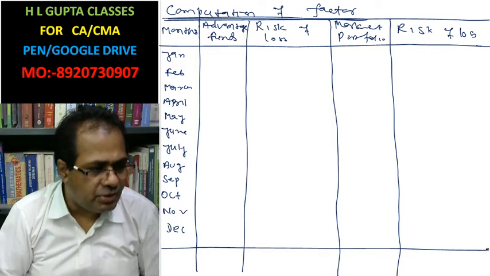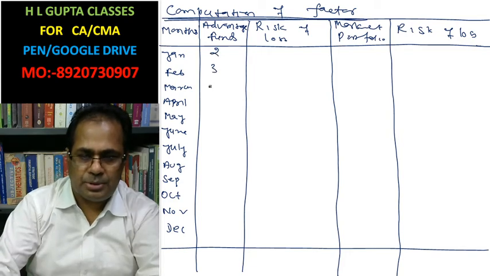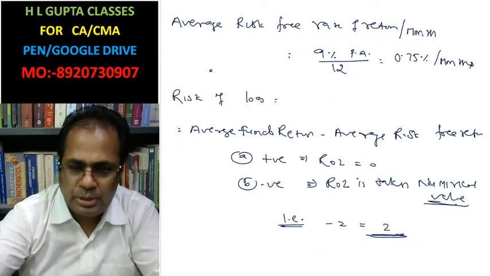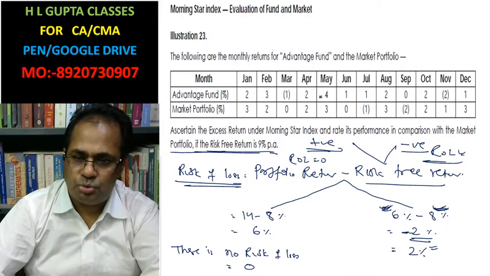What is the advantage funds return? 2%, 3%, minus 1%, 2, 4, 1.